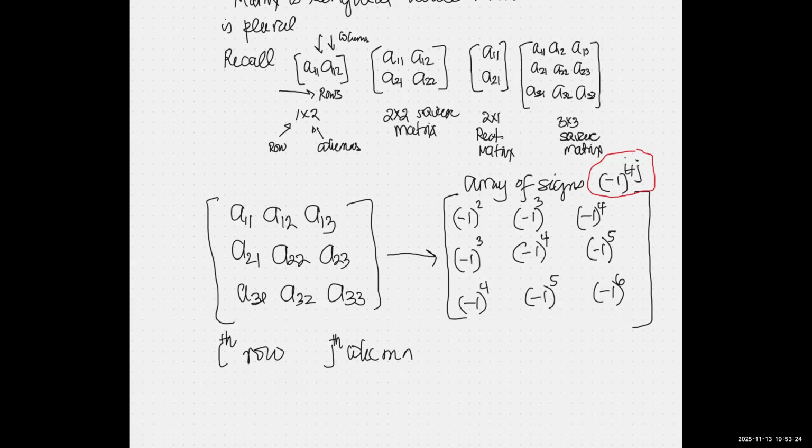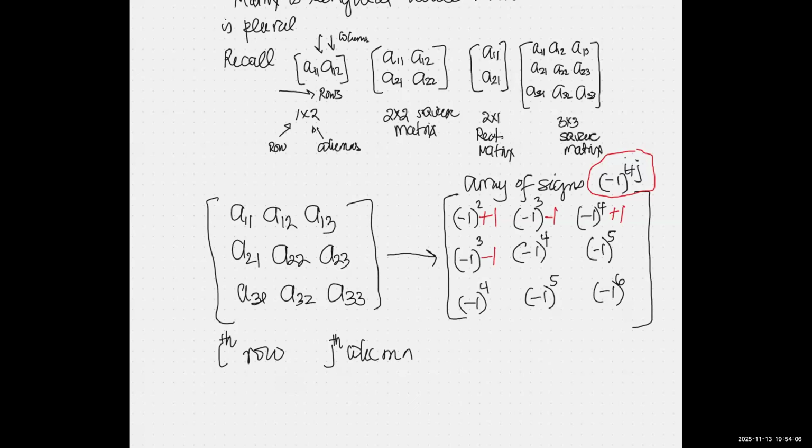Let's go now. When you square negative one, you get positive 1. Negative 1 to the third power is negative one.